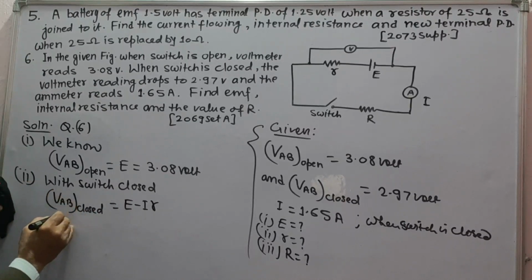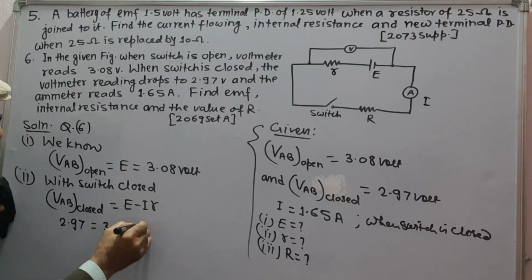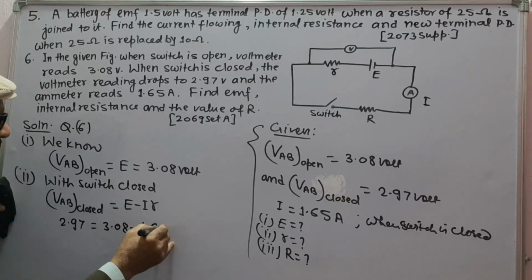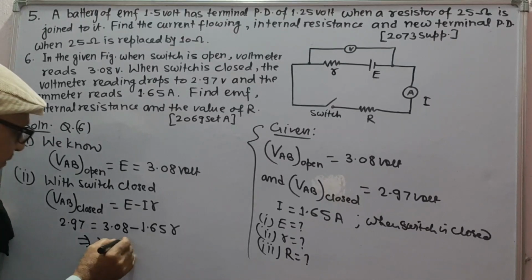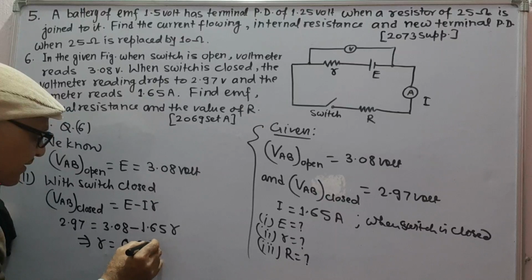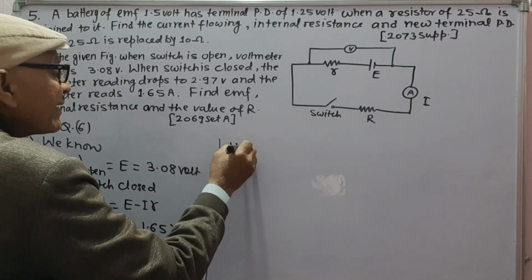VAB closed is given to be 2.97, which is equal to E, 3.08, minus I, 1.65, into r. So, we get r as 0.067 ohms.